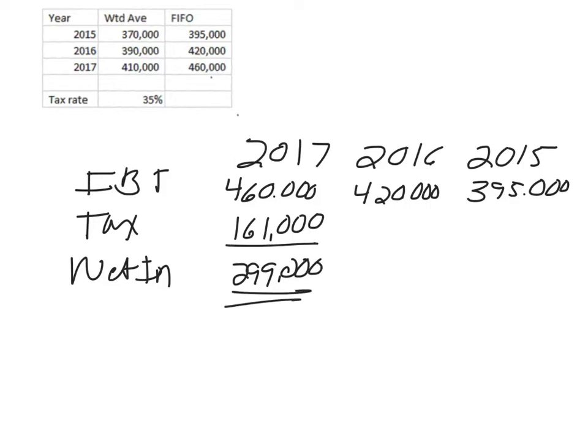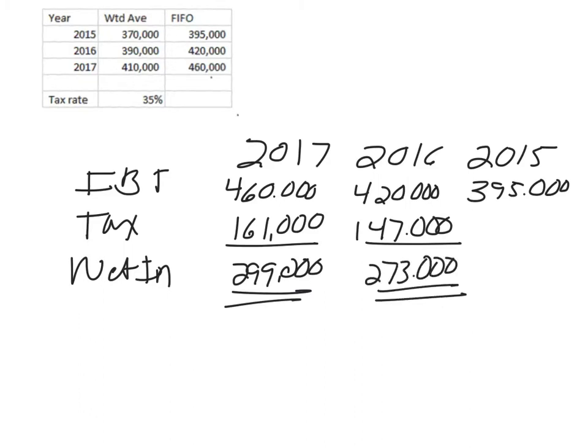In 2016, tax would have been $147,000. So net income is $273,000. And in 2015, tax is $138,250. So net income is $256,750. And that's reporting a change of accounting principle.